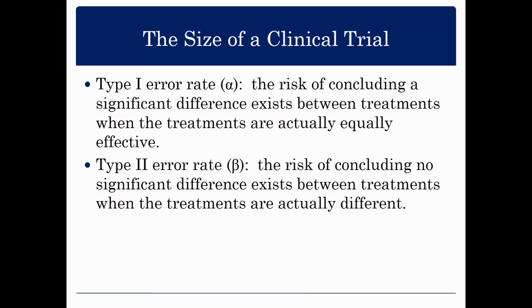The size of the clinical trial, real quickly, we'll do this again next week, but I want to make sure that we understand the type 1 and type 2 error rates. These are two different kinds of errors that we can make in hypothesis testing. One is a false positive finding and one is a false negative finding.